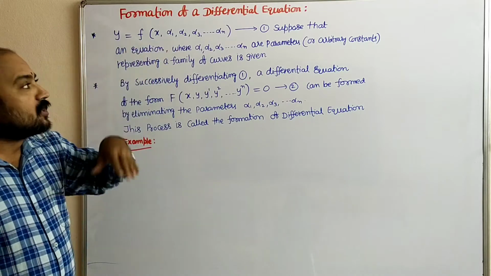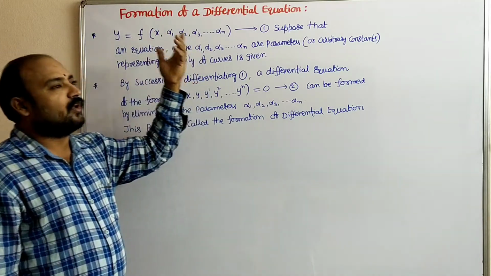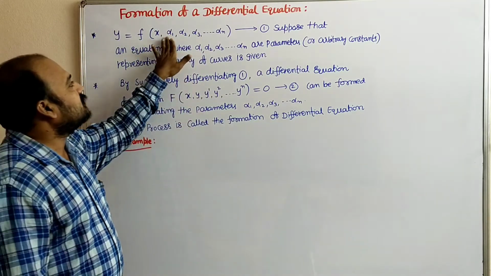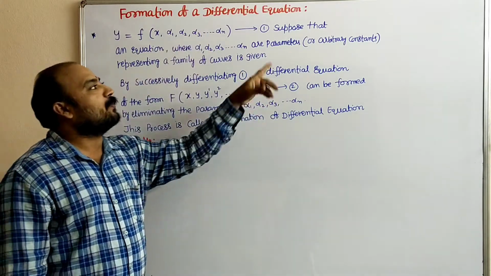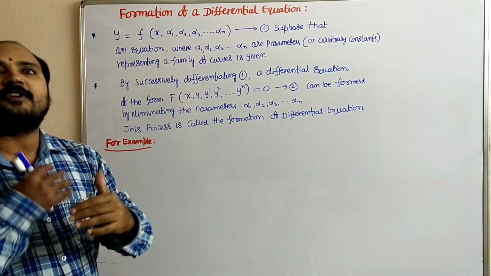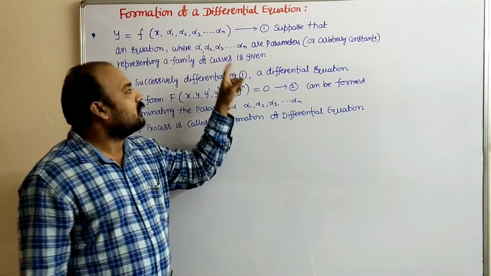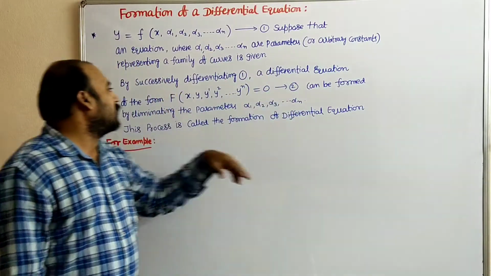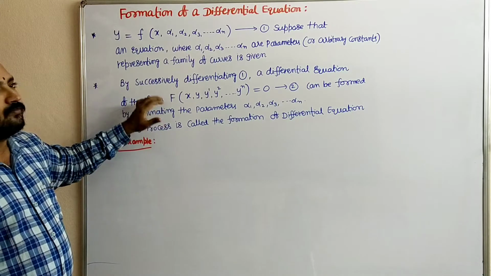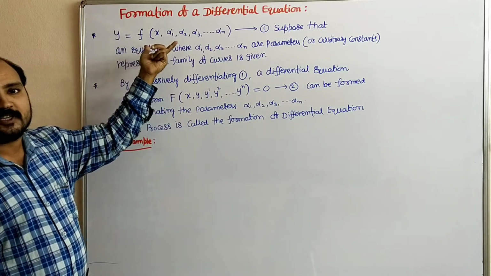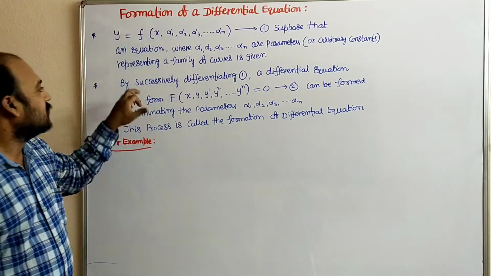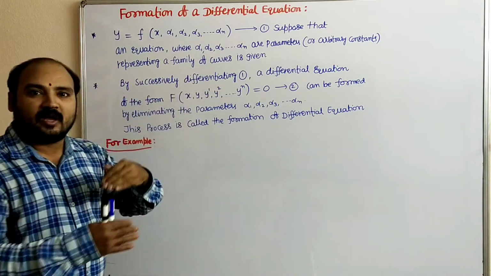So, to form the differential equation, we need to eliminate these arbitrary constants or parameters by differentiation. See that by successively differentiating one, a differential equation of the form, this y is equal to f of x be a function of this, we have to differentiate successively one by one.